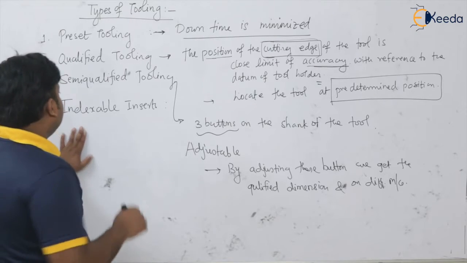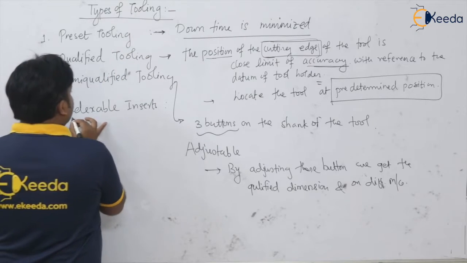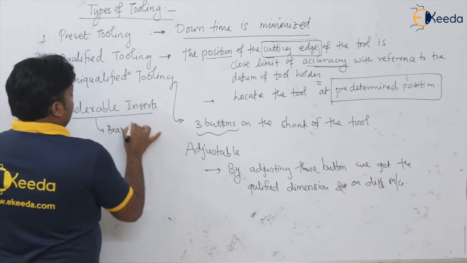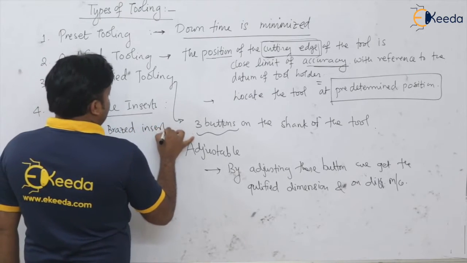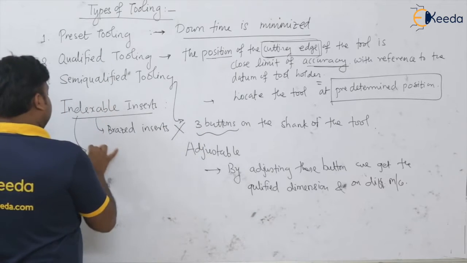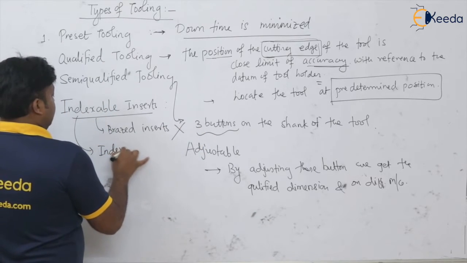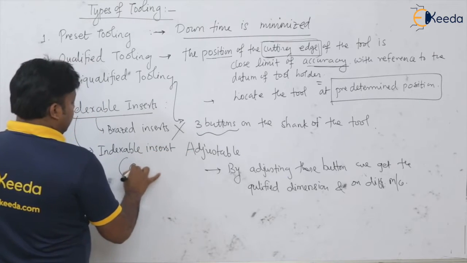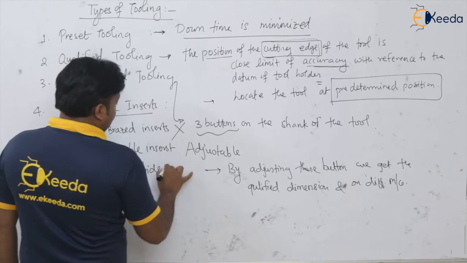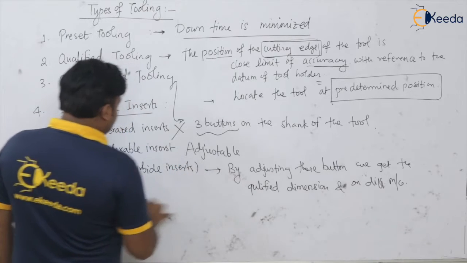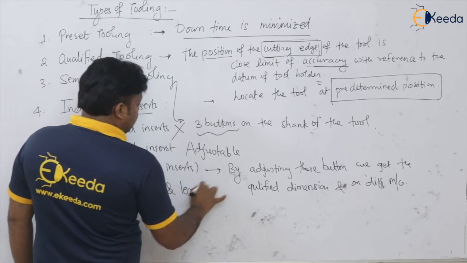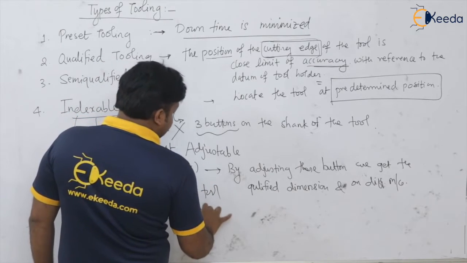Generally in CNC type tooling we do not use brazed inserts. Indexable carbide inserts are used, which give higher cutting speed and very little tool changing time.